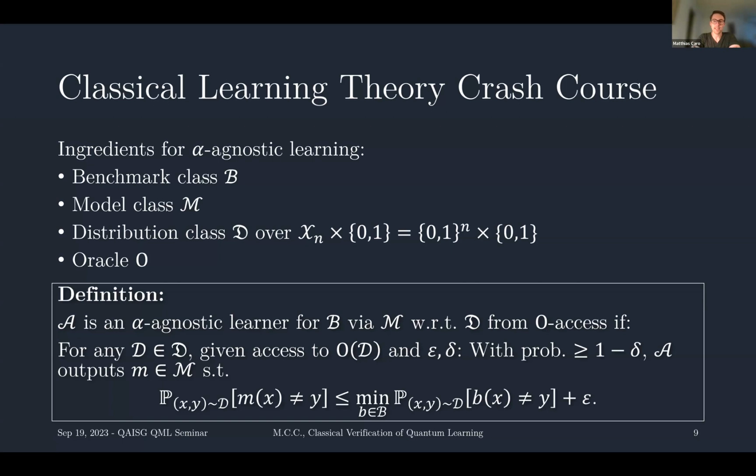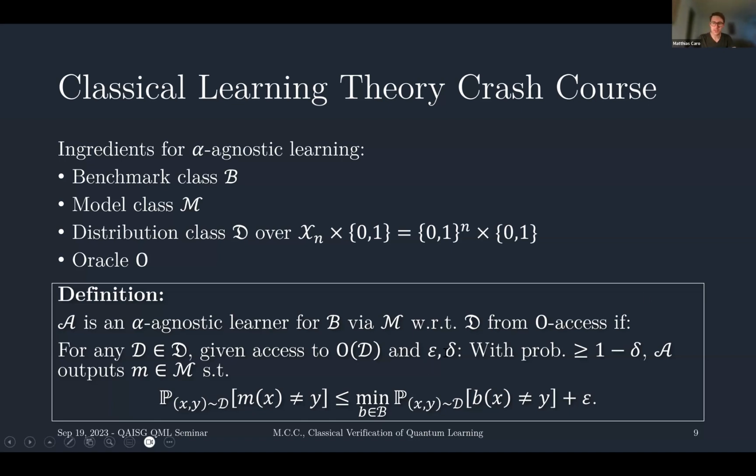The probability that, if I draw a new pair from the distribution, my model predicts something different on the input than the actual output that I sampled, so this misclassification probability, is at most epsilon more than the optimal misclassification probability that I could have achieved in the benchmark class.